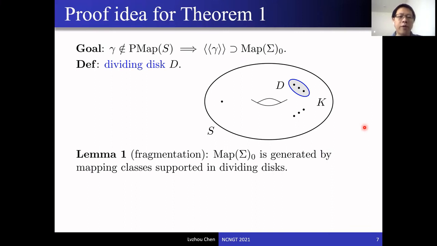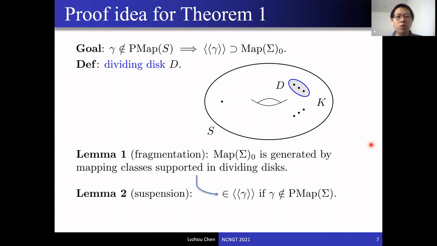And this is a fragmentation lemma. Now, to achieve our goal, showing that the normal closure contains the kernel, what we need to do is to verify that every mapping class supported in the dividing disk is actually an element of the normal closure of gamma. And this is achieved by a suspension argument.